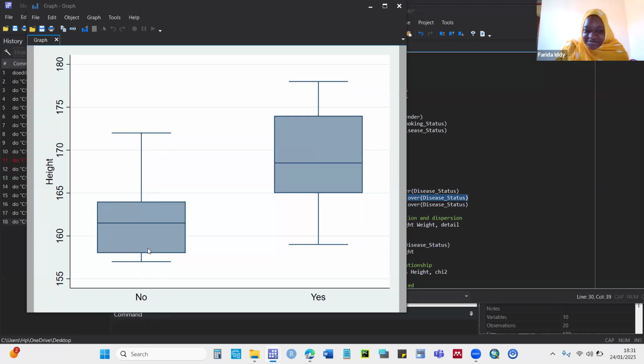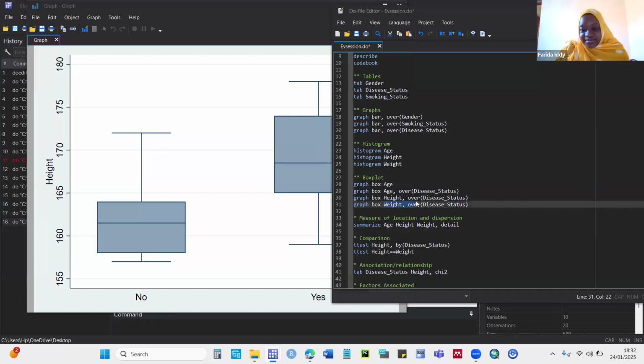So what does it mean? It means the majority of the respondents who are not diseased, most of the respondents in that group, their heights are between maybe 158 to 159. And here it is normally distributed because we almost have equal distribution.